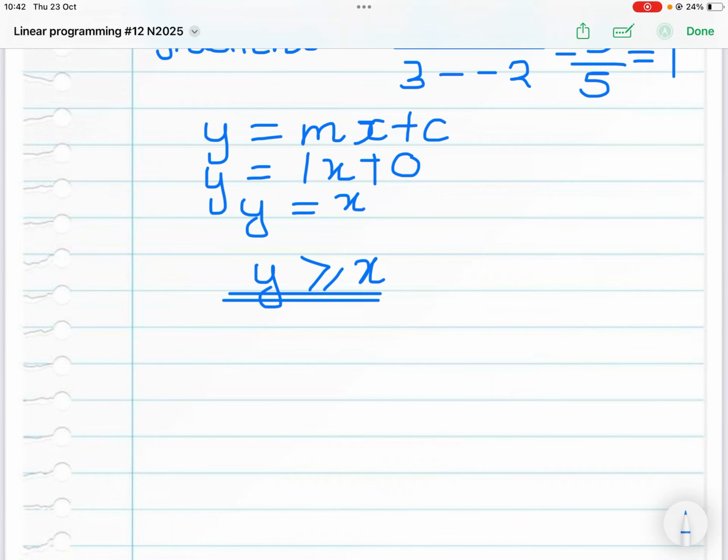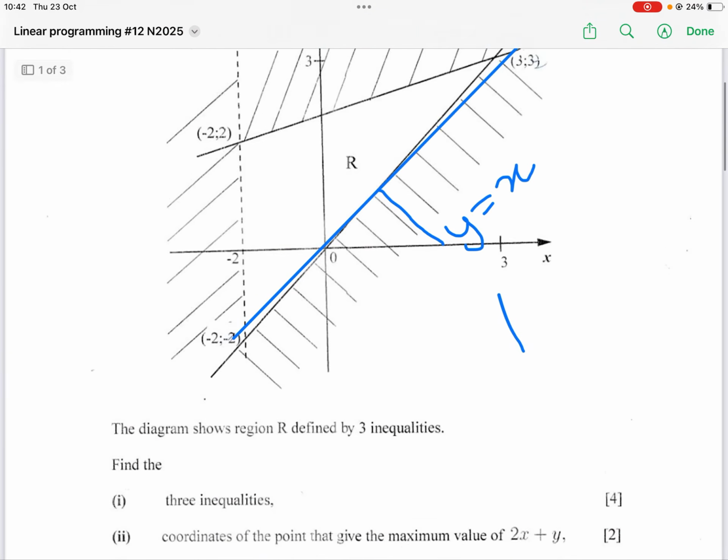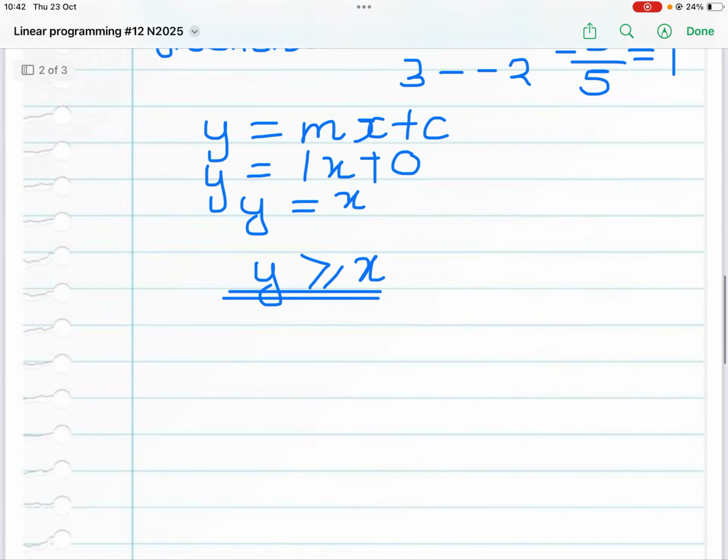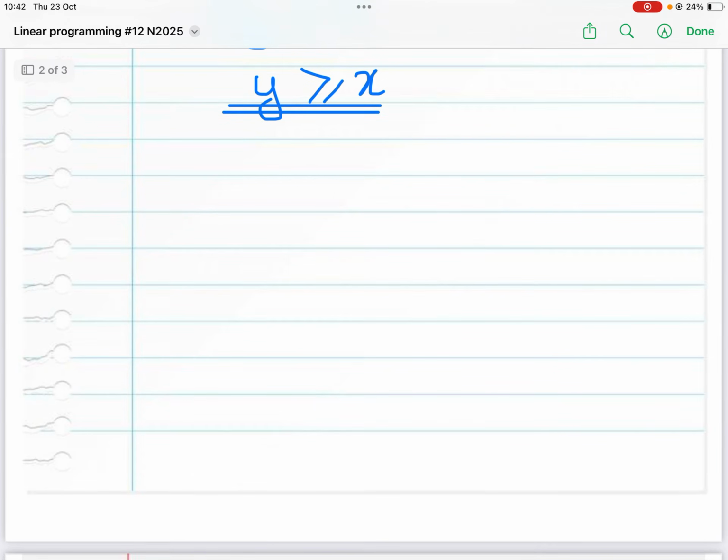And then we now need to interpret the third inequality, which is having -2, 2, and 3, 3. So here we are having -2, 2, and 3, 3, right?